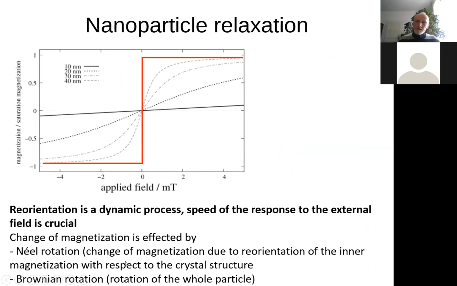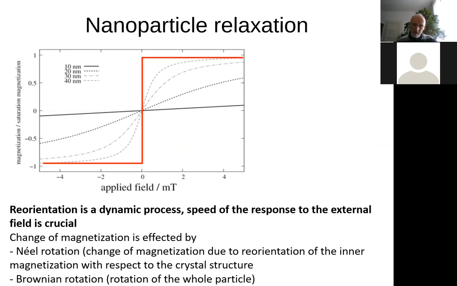The second important property of the nanoparticles is relaxation. Reorientation of the nanoparticles in the magnetic field is a dynamic process, and the speed of the response is also very important.